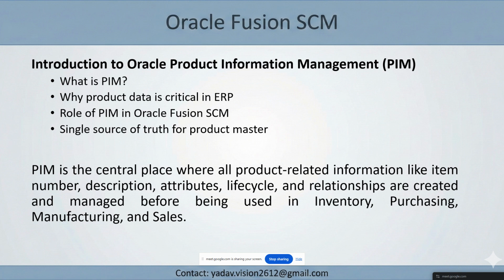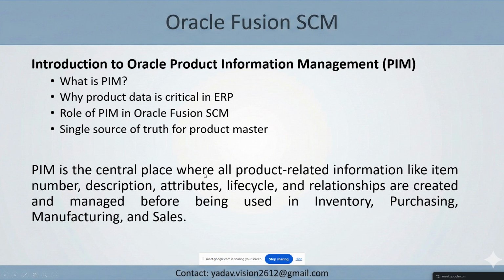If you create the item in the PIM module, the same item can be utilized in inventory, procurement, order management, manufacturing, in all the places you can see that item. So how is it getting reflected in different places? First, that item will be created in the master organization. As I said earlier, the master is where the centralized repository of all the items is kept.